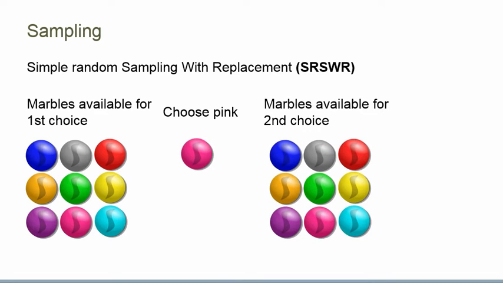Then our marbles available for the second choice are blue, silver, red, orange, green, yellow, purple, pink, and turquoise. Since we are performing a simple random sampling with replacement, we have 9 choices for the first color of marble. We choose pink, replace it, and again have 9 choices for the color of the second marble.